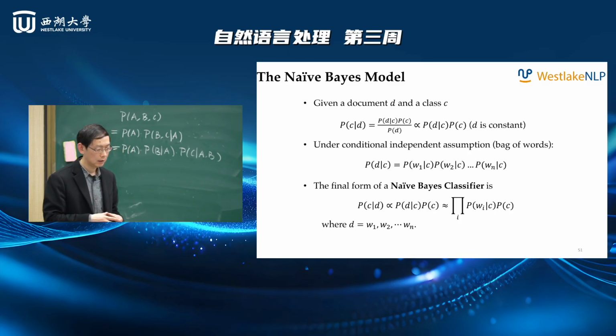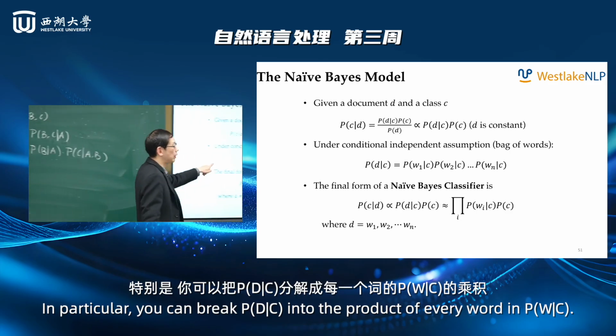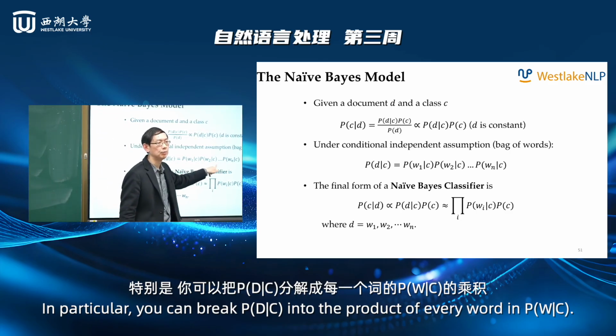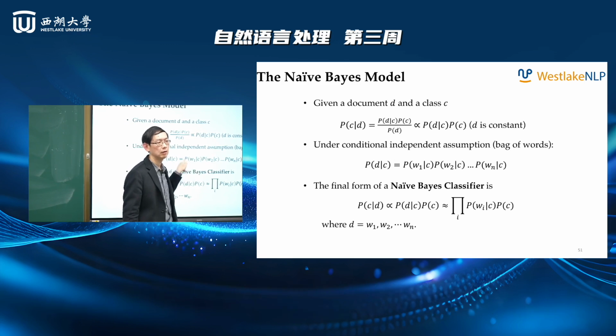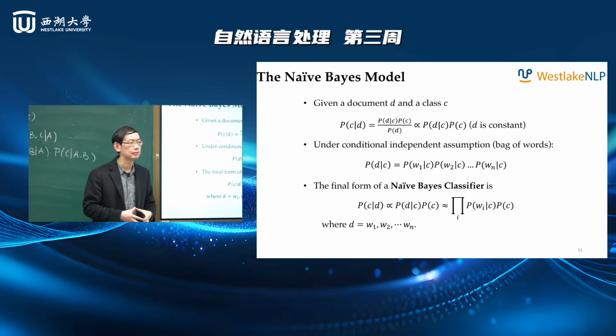Okay. And then you can make chain rule and independence assumptions. In particular, you can break P(D|C) into the product of every word in D, P(W|C). What is this like? It's a unigram language model, right?